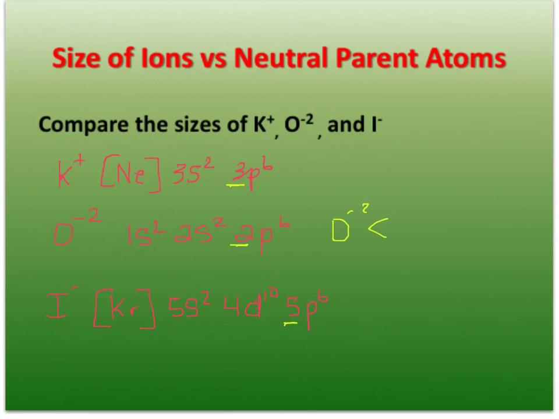That's our oxide. So it will be smaller than our potassium ion, which is smaller than our iodide ion, based on the number of energy levels. So we went from fewest to most in terms of energy level.